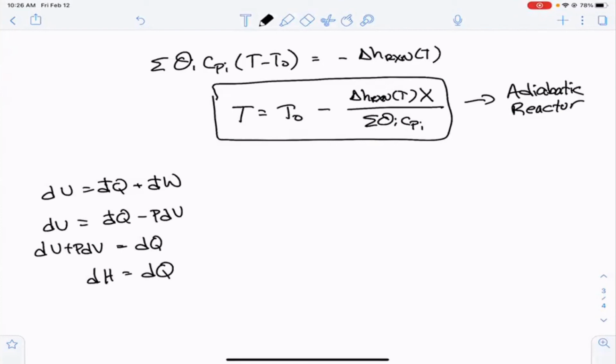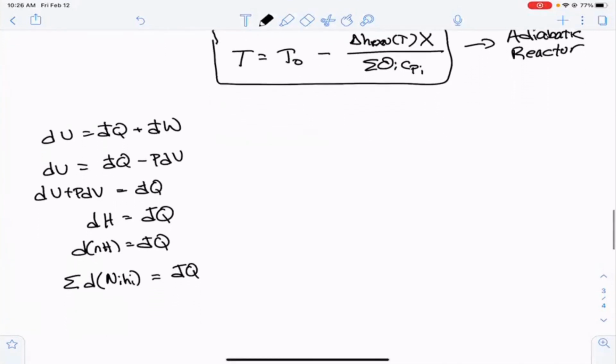And remember, we said this was d of the sum of NiHi, even for the adiabatic case, and that this really was the sum of d(NiHi) equals dQ.